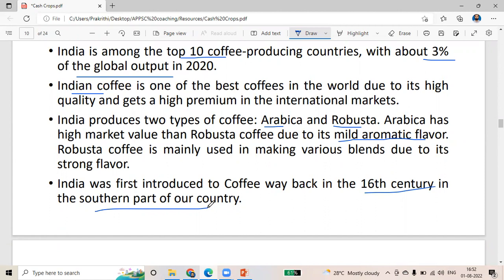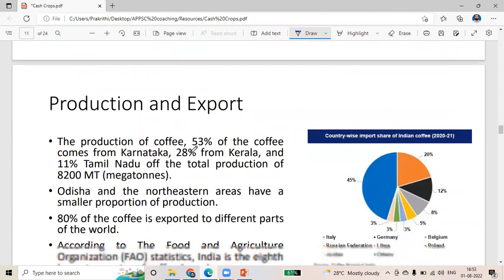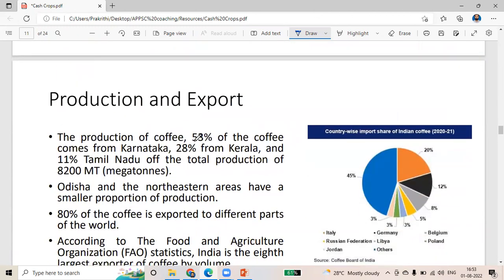Looking at production and export, 53% of the coffee comes from Karnataka, the remaining 28% is from Kerala, and 11% is from Tamil Nadu, which produce about 8,200 metric tons of coffee from these three states.